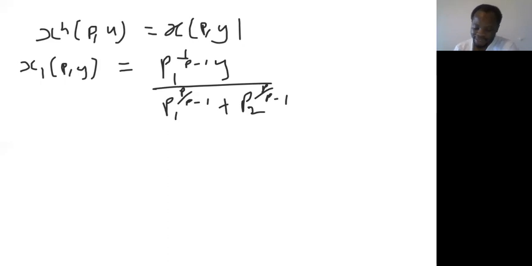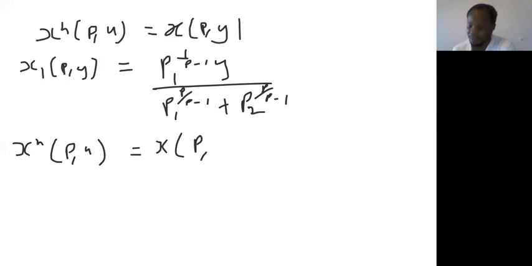What you write is, first, x Hicksian, a function of p and u, is identical to x, a function of p and y. But we know that y is always equal to income, so instead of y, I'll write E(p, u).